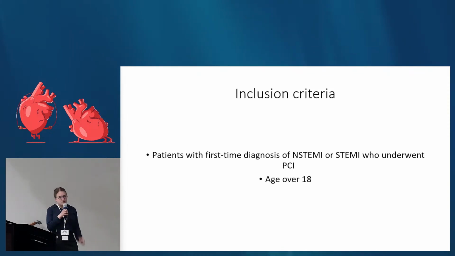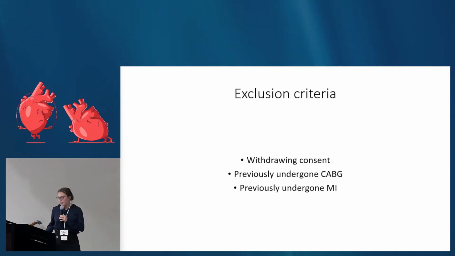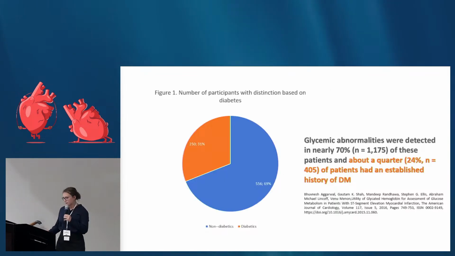This paper was based on a larger register, and the inclusion criteria for this register were patients with a first-time diagnosis of STEMI and NSTEMI who received PCI and were over 18. Exclusion criteria were withdrawing consent and previously undergone CABG or MI.